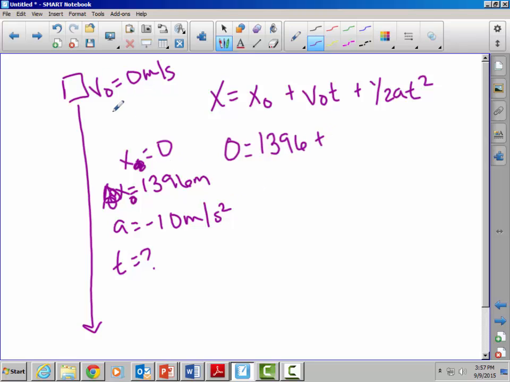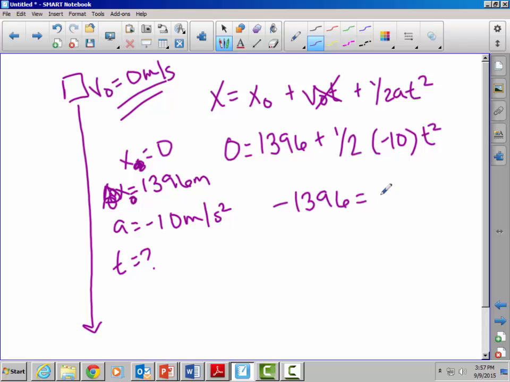Your initial velocity is 0, so that just cancels out. We have negative 10 t squared. Bring that over to the side. So we're going to do 1,396 divided by 5, and then we're going to square root it. And that gives you a time to fall down of about 16.8 seconds.